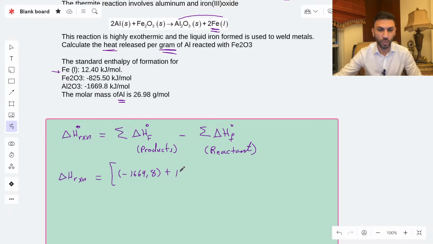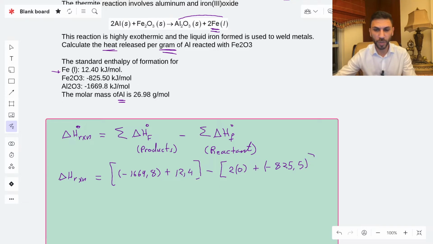So plus 12.40 kilojoule per mole, and these are for the products. Minus for the reactants: we have 2Al, but it's solid, an element at its standard state, so it's going to be 2 multiplied by 0, plus we have Fe2O3, which is negative 825.5, so plus negative 825.5 kilojoule per mole.